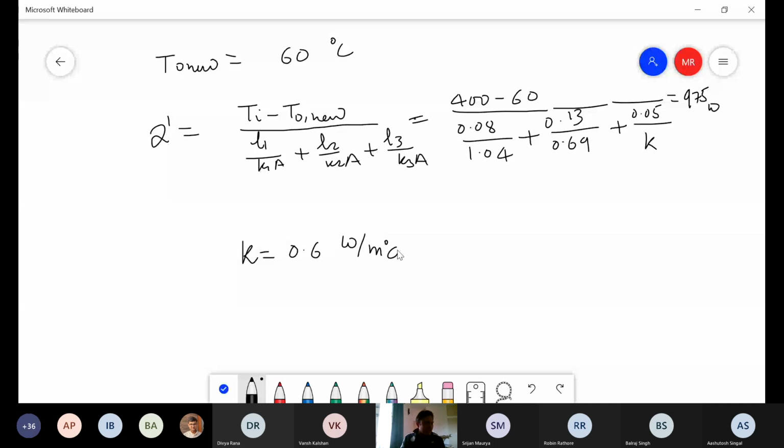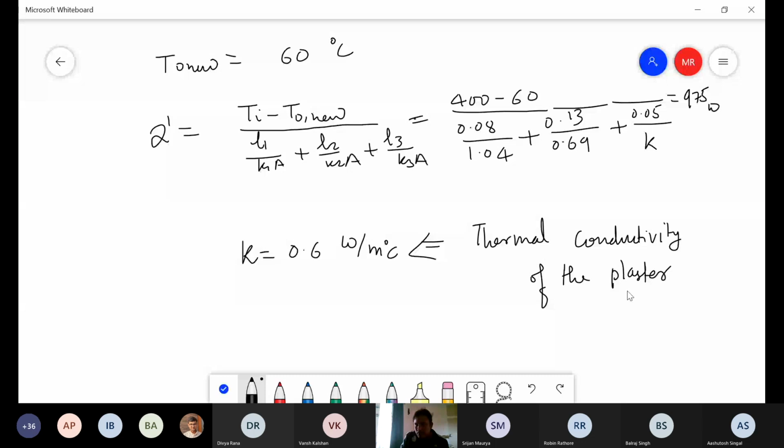So this is going to be the thermal conductivity of the plaster layer. Okay, so this is the answer of the second question.